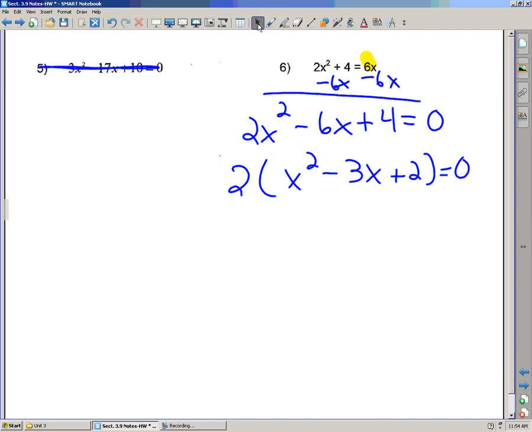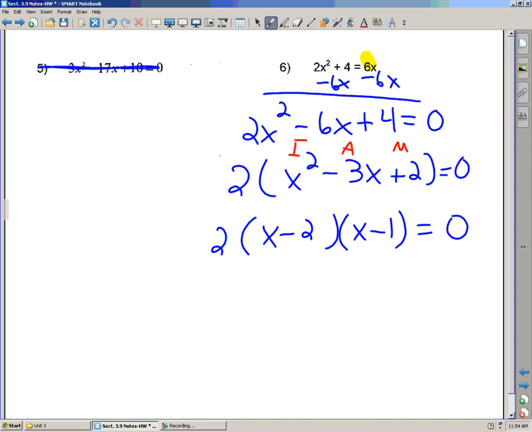The polynomial that's left in the parentheses has a 1 on the x squared, so it's an easy one. So in the final answer, we've got to bring down the GCF, open up two parentheses, and find what's going to add to negative 3 but multiply to a positive 2, and that's going to be a negative 2 and a negative 1.